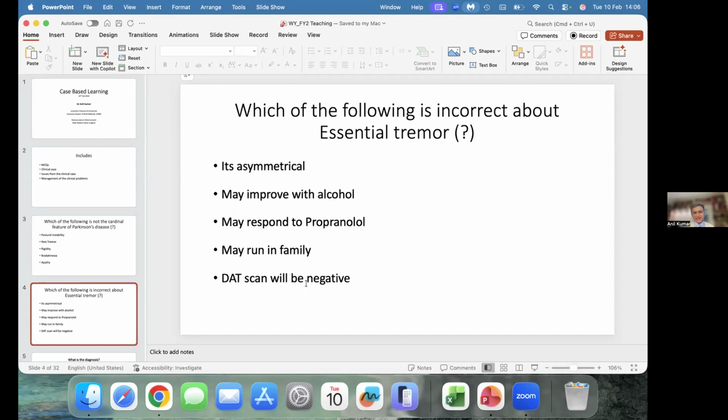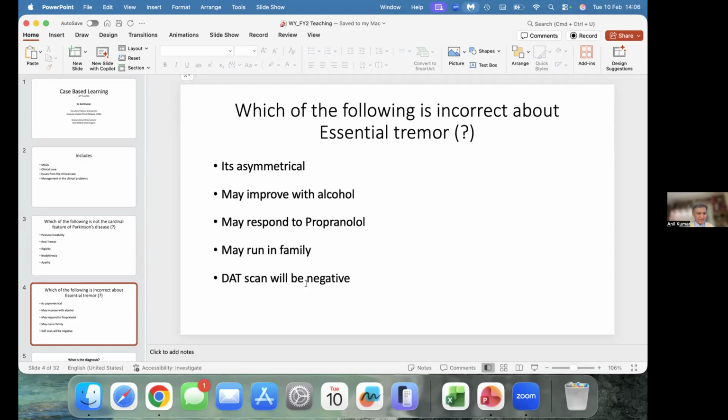Okay. Now, you're in the clinic. Which of the following is incorrect about essential tremor? Asymmetrical, may improve with alcohol, may respond to propranolol, may run in family, and the dopamine transporter scan will be negative. What do you think?